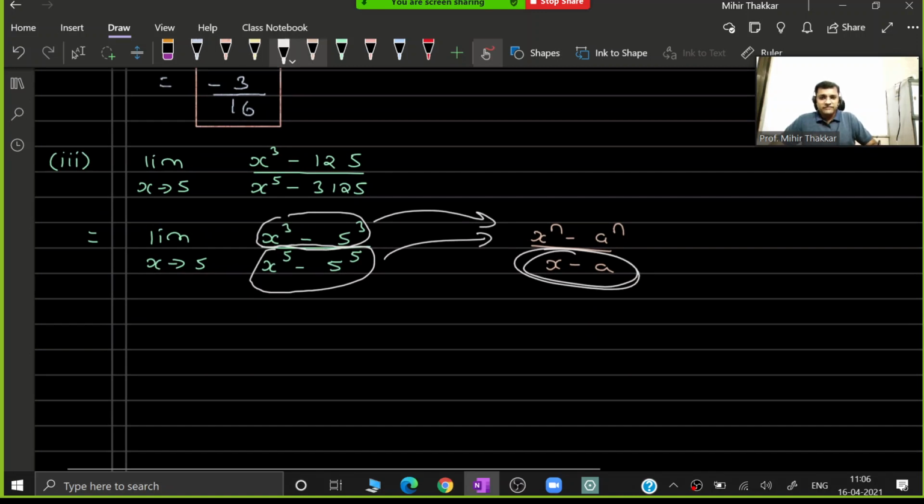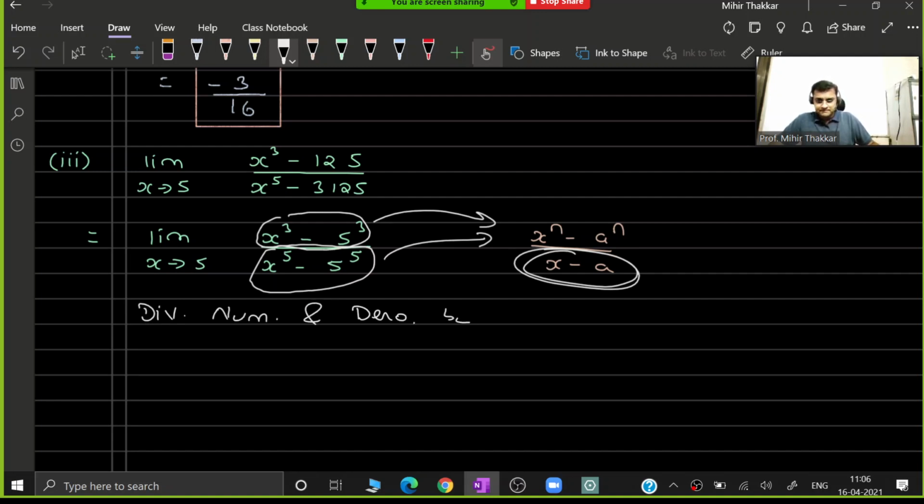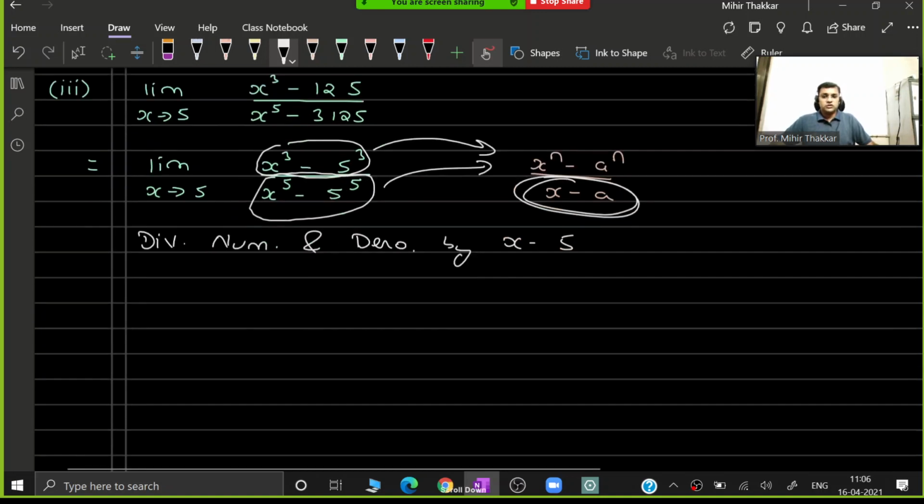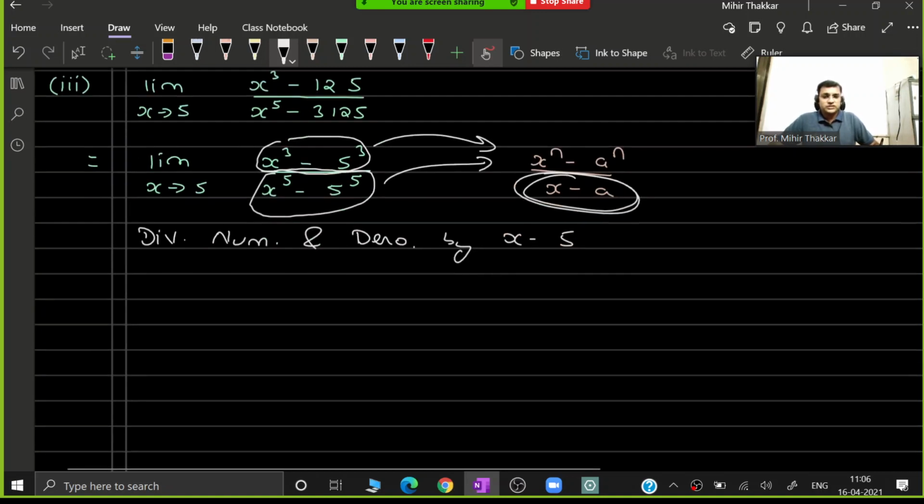Very nice. You have to divide the numerator and denominator by x minus 5 in this case, because you got it very right. A value is 5 in this sum.